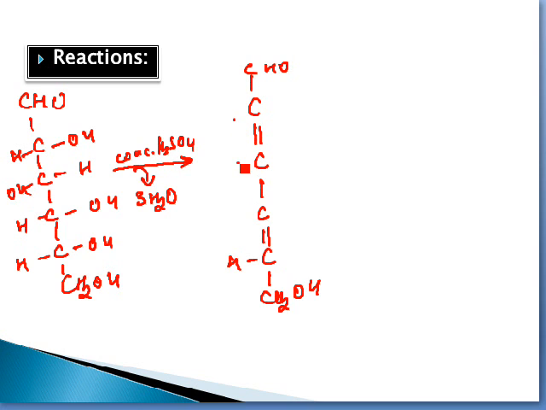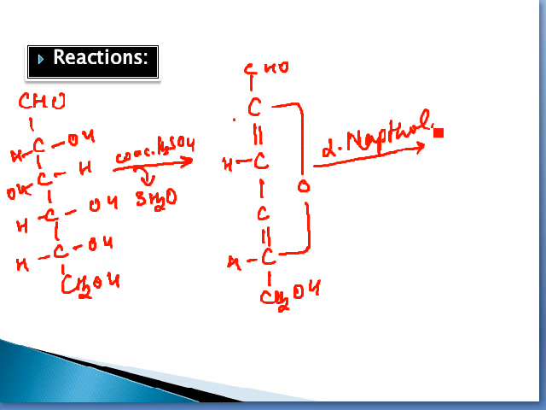Here you can see carbon atom 3 connects with carbon atom 5 by an O group. This is called hydroxymethyl furfural. After that, alpha naphthol is a 2-ring structure.